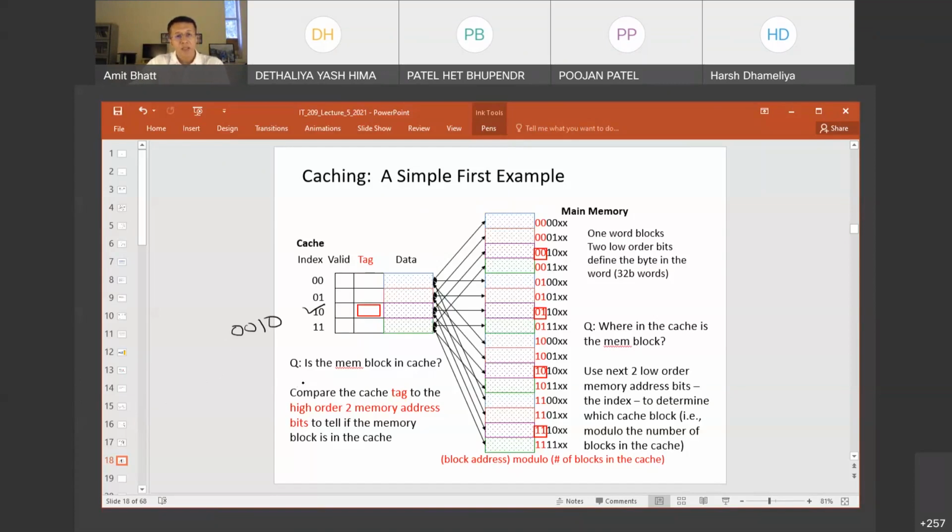Okay. So now it would look here. If 10 is present and some data is there, then I can go and change it, or I can just write it over here if it is empty, and then it will go in over here. Let us assume there is something over here. If it finds it over here, then it will try to match the tag. If tag also matches and index also matches, then it knows that particular data is here.